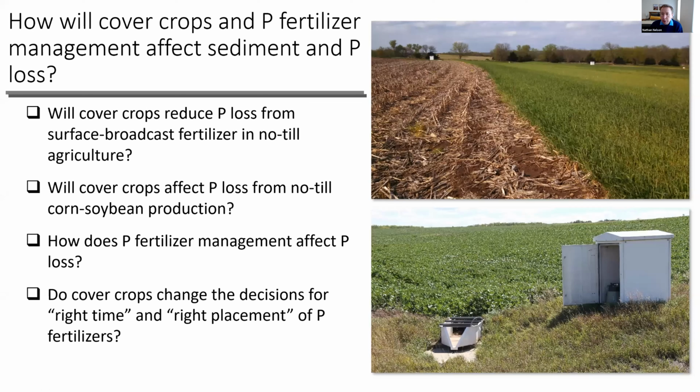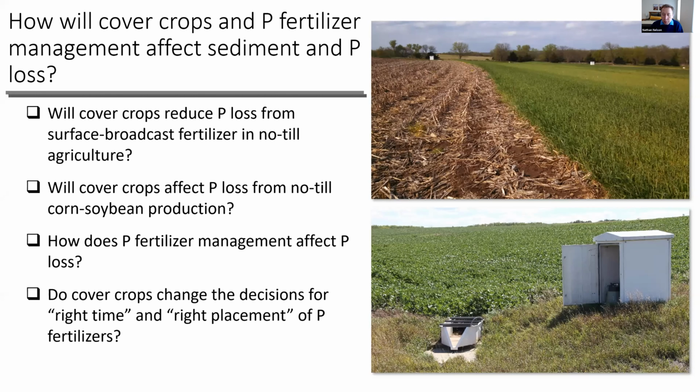So I'm going to jump right into the focus of our study. We have been receiving a lot of questions about cover crops as a best management practice for reducing phosphorus loss, and particularly had several producers here that were asking if they could use cover crops as a best management practice when they fall broadcast fertilizer.